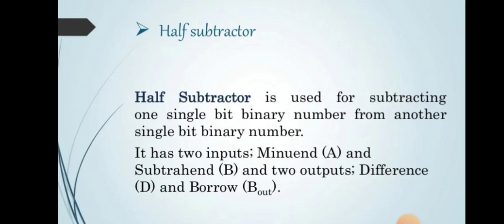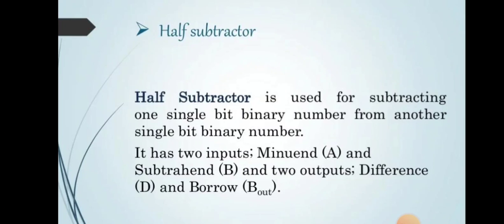It means if you are subtracting binary number 1 from binary number 1, or you are subtracting binary number 0 from binary number 1, then you will get two outputs, borrow and the difference. So the first step is to realize how many inputs and outputs are there. A half subtractor has two inputs A and B and two outputs, difference and borrow.